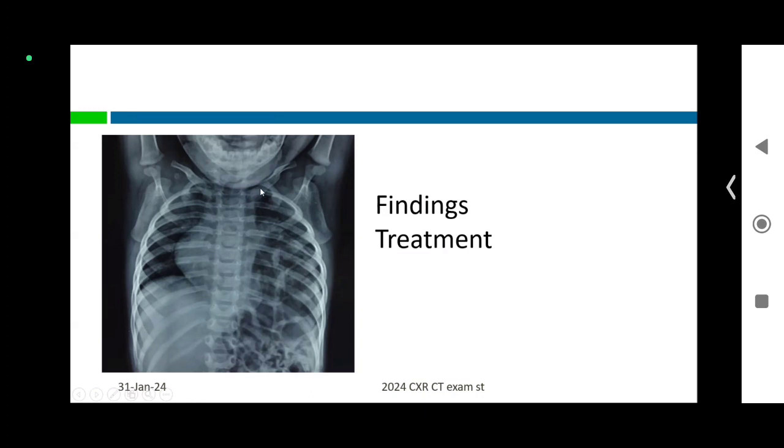It is not up to the apex. You are able to see loops. You are not able to see the stomach separately. There is a mediastinal shift. Here you are able to see the right dome of diaphragm. The left dome of diaphragm is high up. You are able to see the loops of colon along with the stomach in the thoracic cavity. This is an eventration of the left dome of diaphragm.